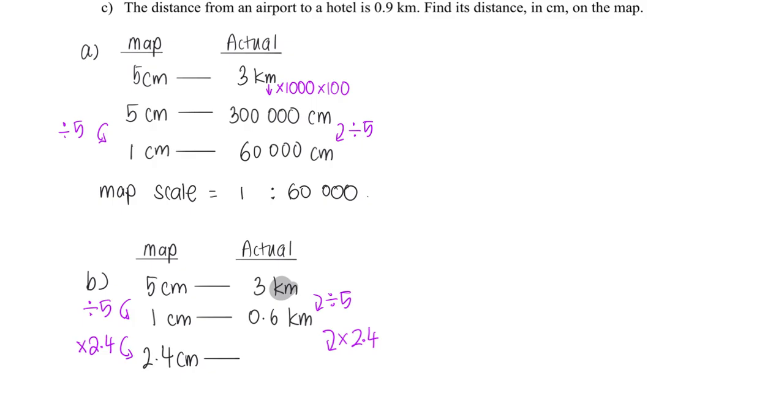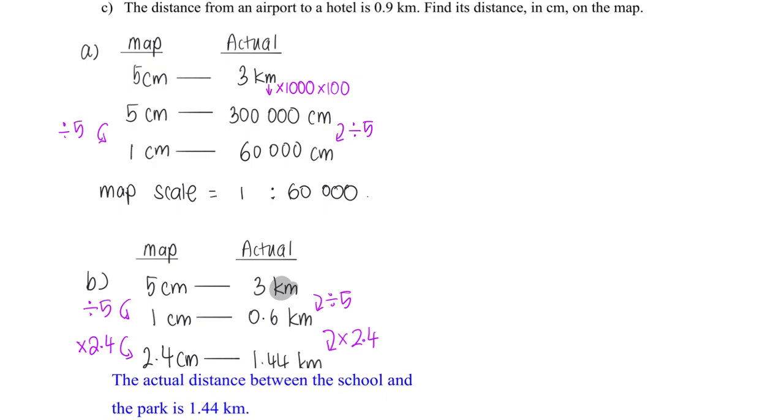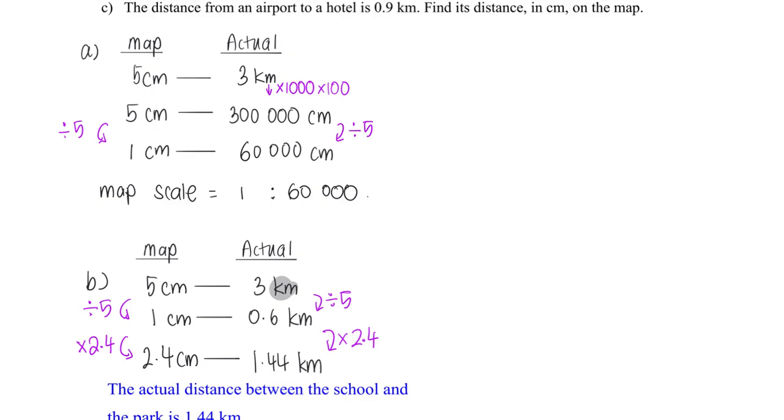And that will give me 1.44 kilometer. Alright, and that is the actual distance between the school and the park. The actual distance between the school and the park is 1.44 kilometer.